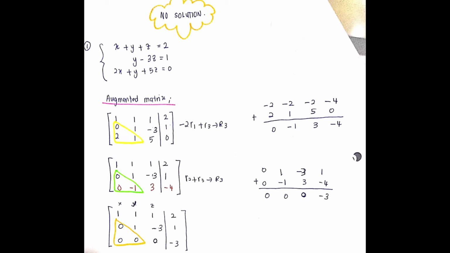So first of all, you must make sure the first term here is 1. This is already 1, so nothing should be done there. Then let's focus on the next term. We want to make the next term 0. This is already 0, so nothing should be done here. And then we want to make sure this is equal to 0. So we only need to do work for this number here.